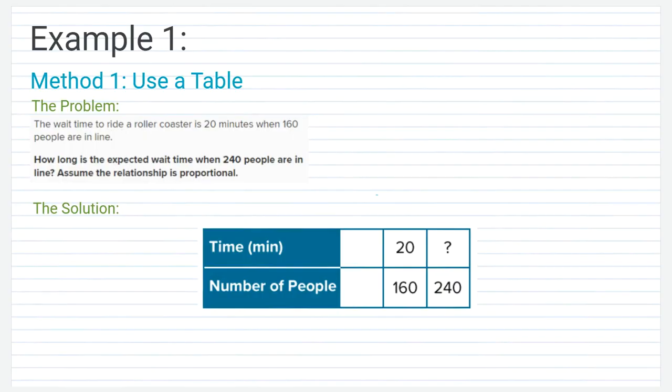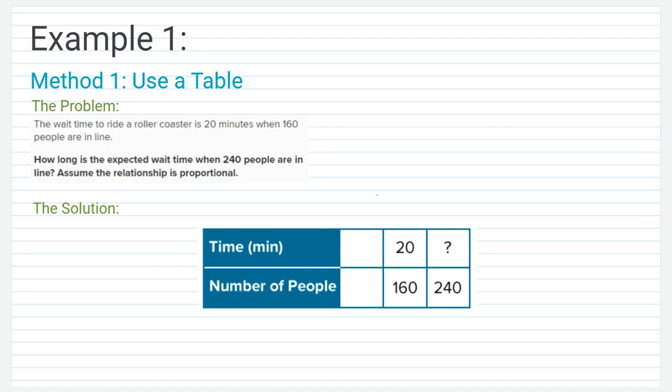When I'm looking at this table, I'm trying to figure out how I can go from 160 to 240, so that I can figure out what to multiply by to get to this question mark. The hard part is that if I tried to go directly from 160 to 240, we would have to multiply by some fraction or decimal, and most students don't want to do that.